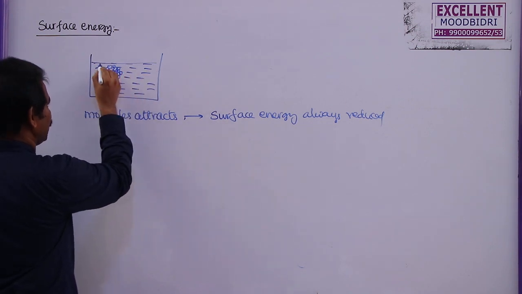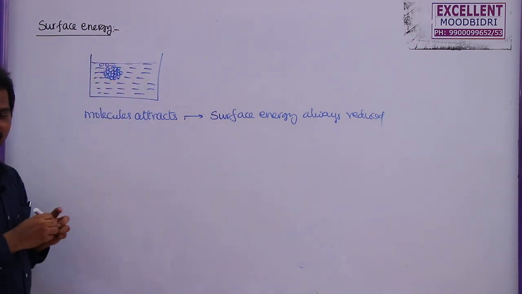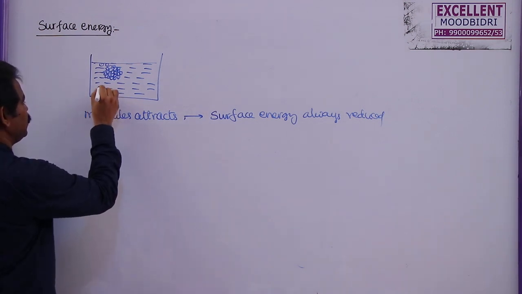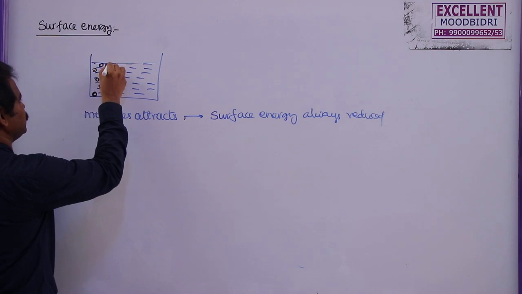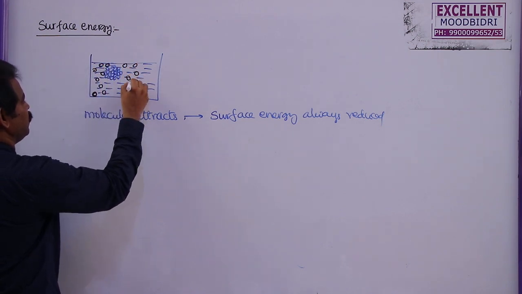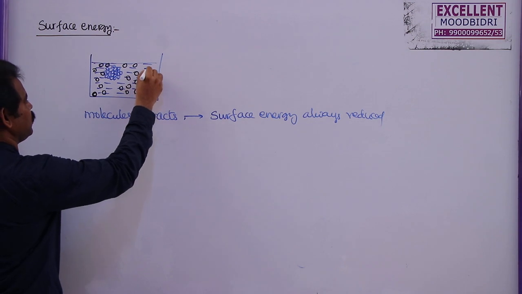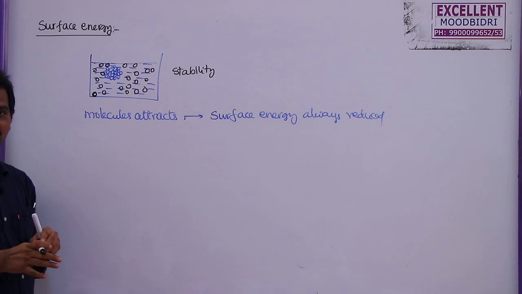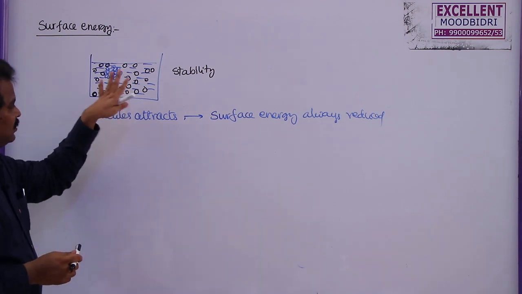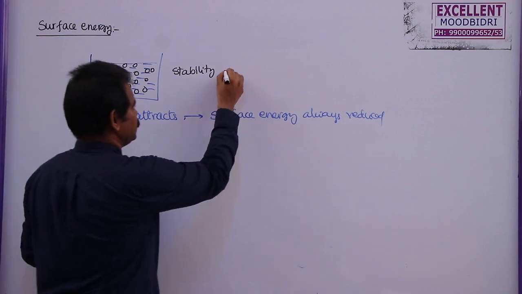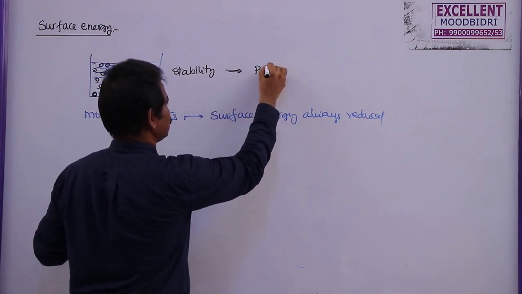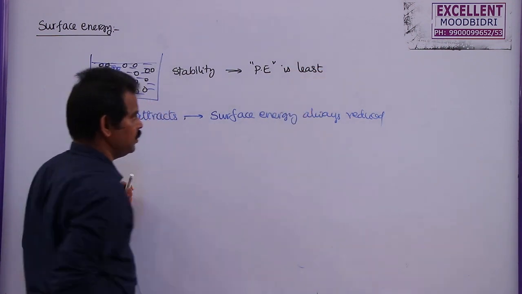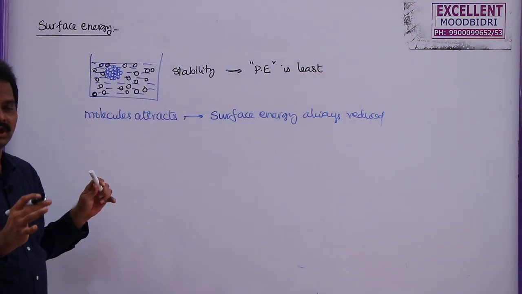Generally, all these molecules are on the top surface or in the interior of this liquid. These are molecules present at different positions. All these molecules will try to get stability. To get stability, a molecule or a system is said to be stable if its potential energy is least. If the potential energy is least, then the system is said to be in stable equilibrium.